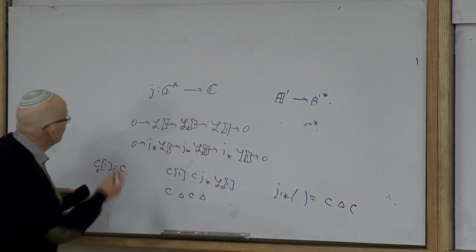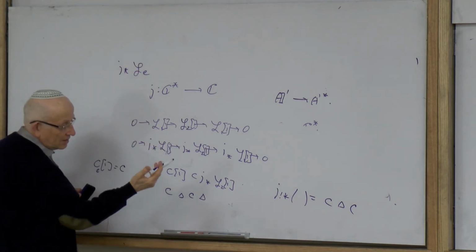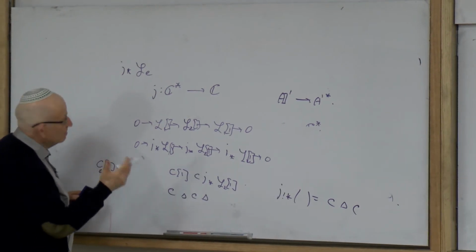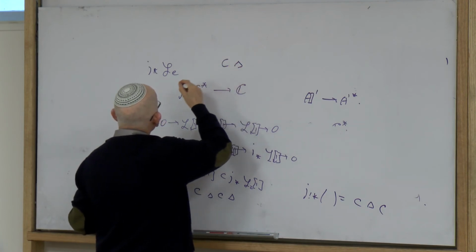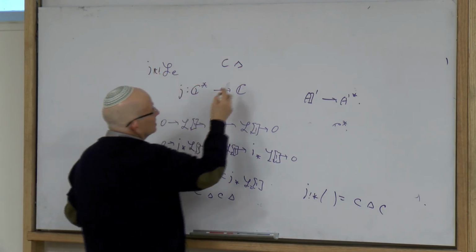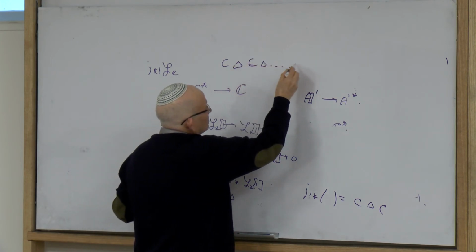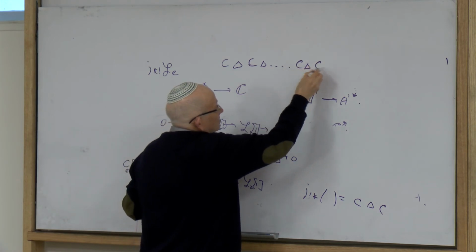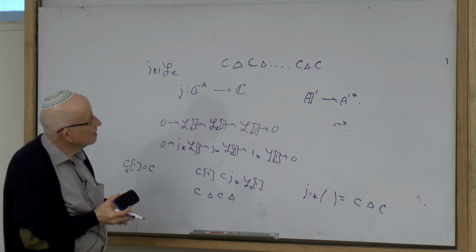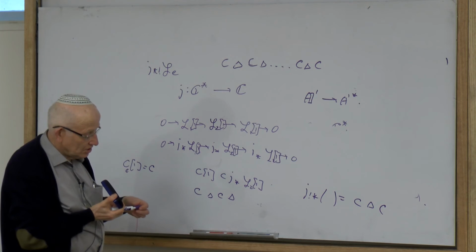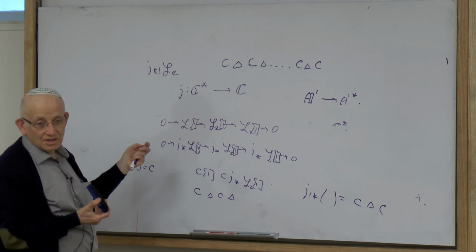And similarly, if you have J star of L, then it has length 2L minus 1, and it's just C, delta, C, delta, and so on. So in particular, we see that this J star sheaf can have subquotients which are supported on the boundary.